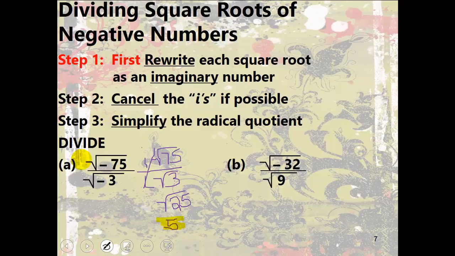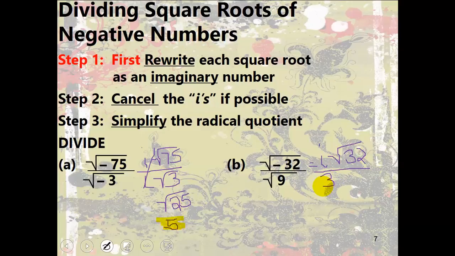I'm going to take out my i here, so I get i times the square root of 32 divided by the square root of 9 is 3. Now I'm going to simplify the square root of 32.